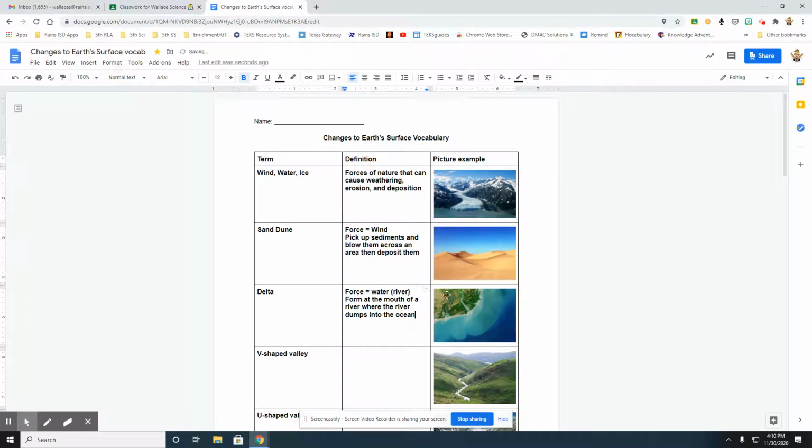And what happens, the river is picking up sediment along the way. All right, it's eroding it, meaning it's carrying it along. And as this fast-flowing river gets to the ocean, it slows way down. And because the velocity of the river slows down, it starts dropping all the sediment out of it. So you see kind of this portion right here that's green, kind of in a triangular shape.